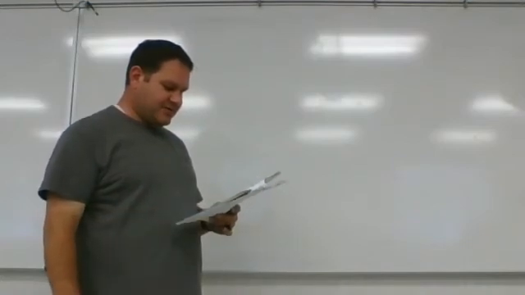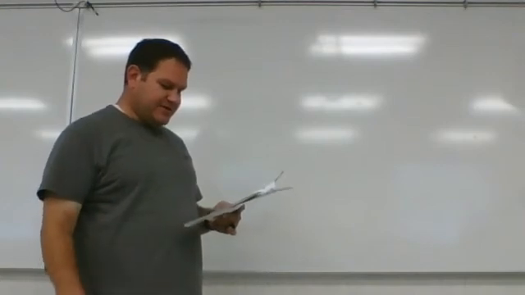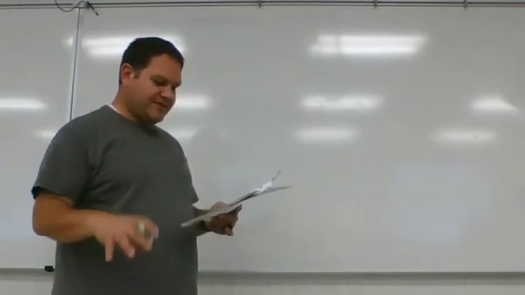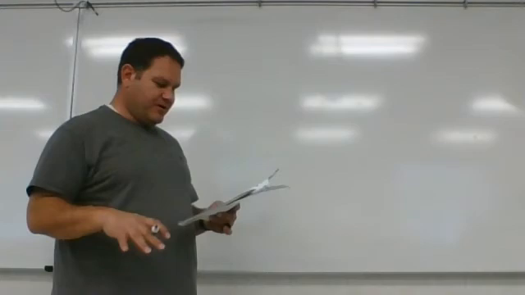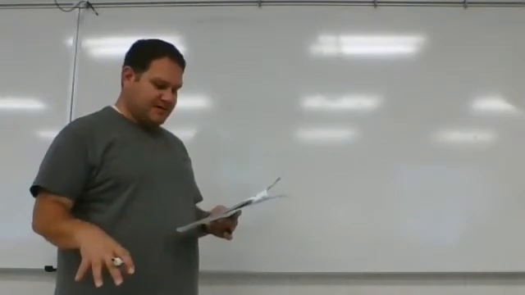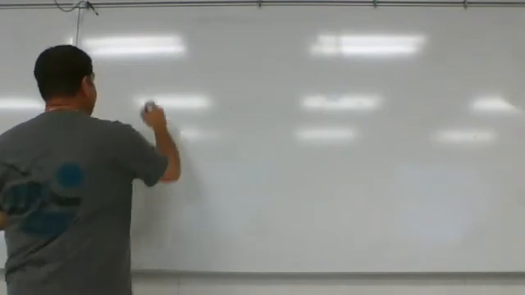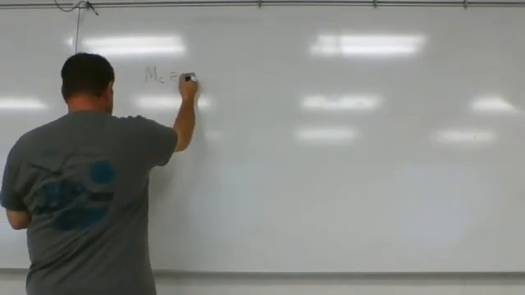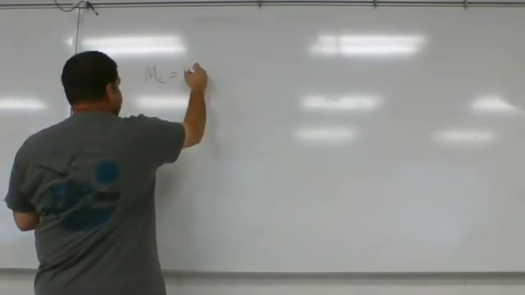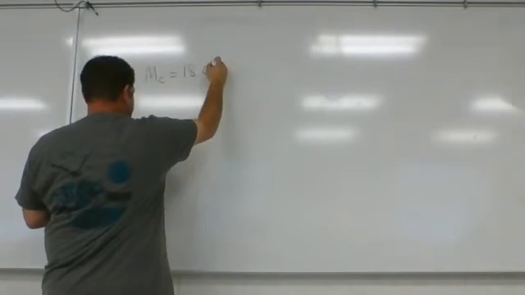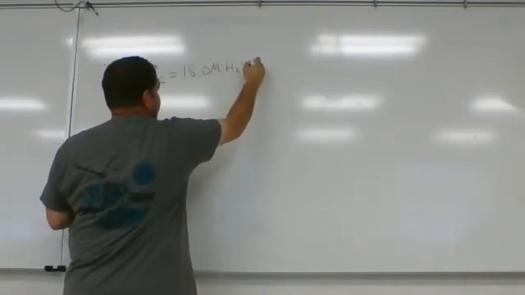Now let's go to 4. 4 is our first dilution. Okay. So it says car batteries use 6 molar sulfuric acid. You're going to purchase a concentrated sulfuric acid, and you want to dilute it down to a 6 molar, okay? So in this case, your concentrated molarity is 18.0 molar H2SO4, okay?